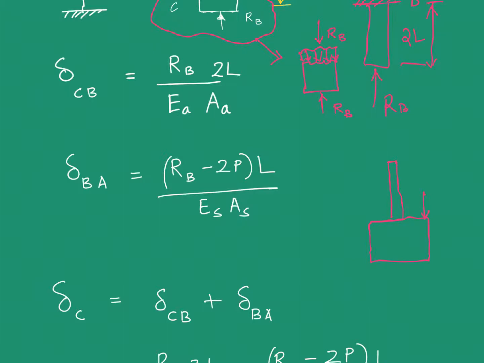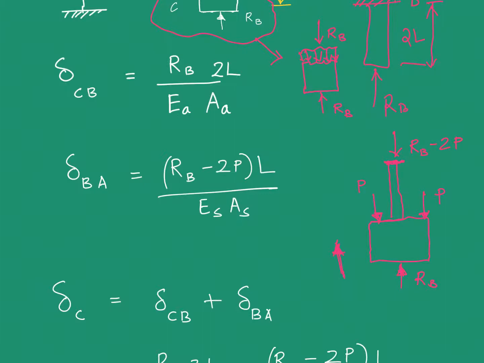So we have a force 2P acting at the middle. So I'm cutting a section somewhere here. Please bear with my poor drawings. Then I have a force RB. If I take my positive direction of forces in this direction, then the force acting at this section will be RB minus 2P.